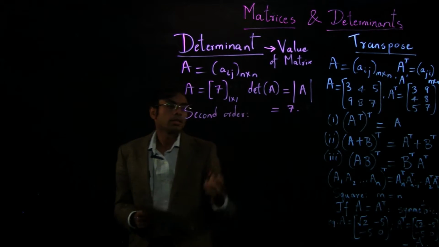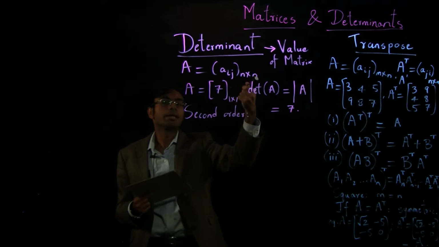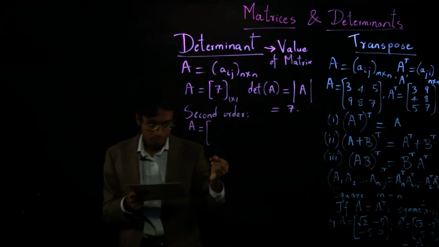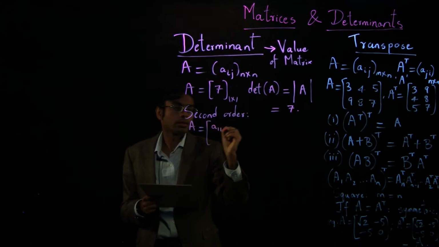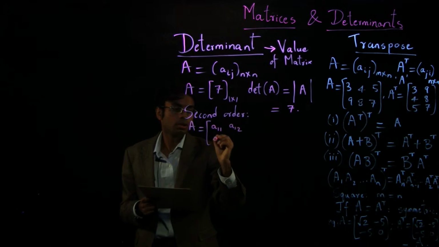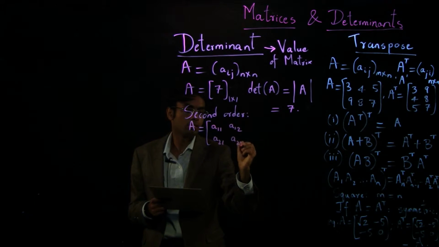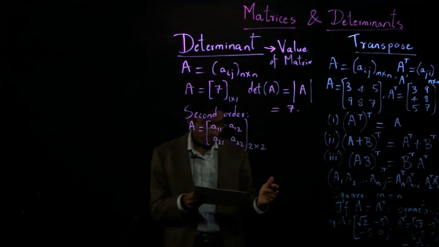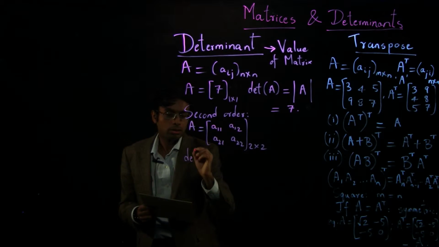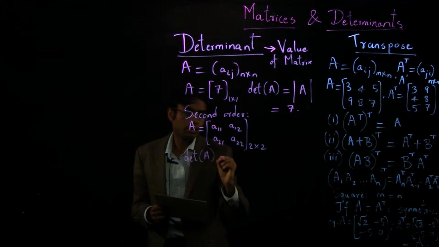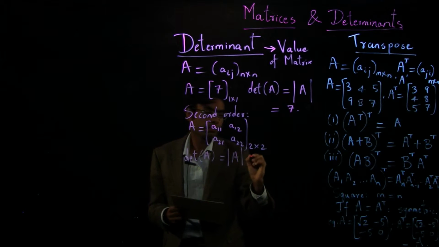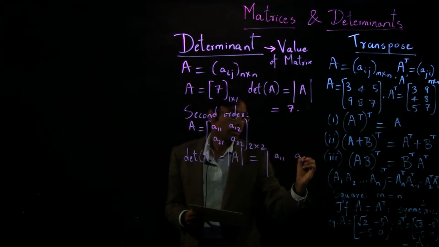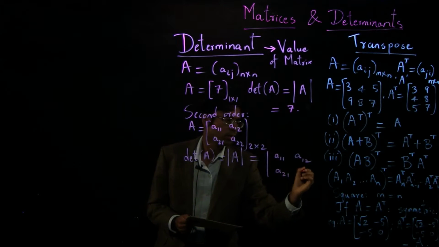And then we look at the second order determinant. As you may guess, it's a determinant which has a 2 by 2 structure. Starting off with the most general 2 by 2 matrix, A11, A12, A21, A22, then the determinant of A, again represented in this form, you would write as A11, A12, A21, A22.